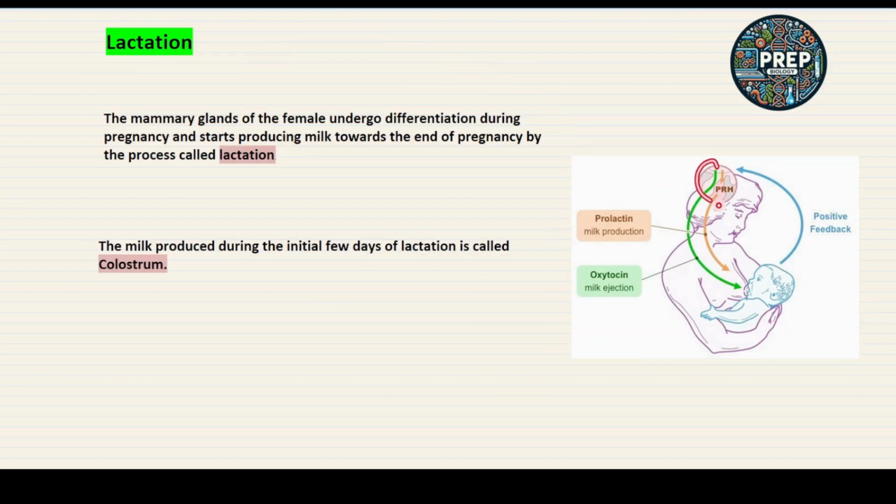Prolactin and oxytocin are both released from the mother's pituitary. Prolactin helps in milk production in the alveoli of the mammary gland, and oxytocin helps in the milk ejection process. These two hormones are very important for lactation.